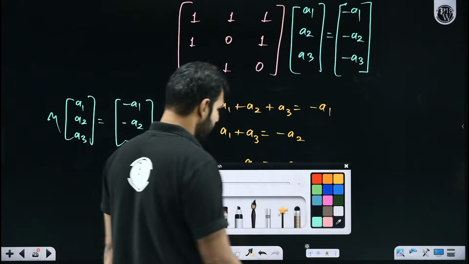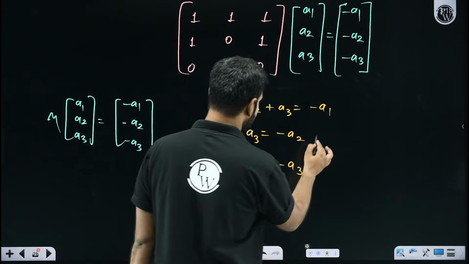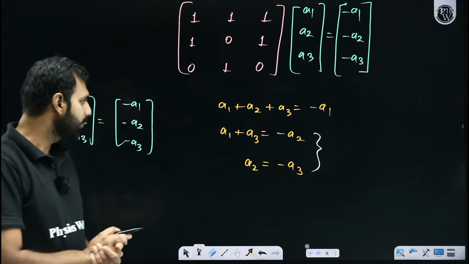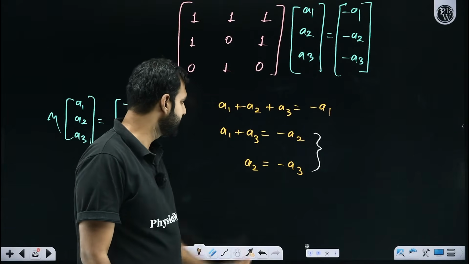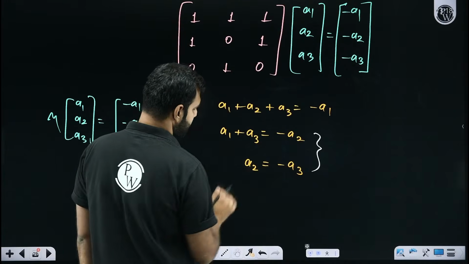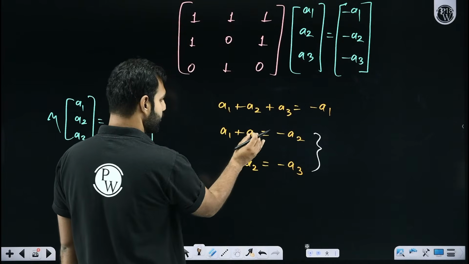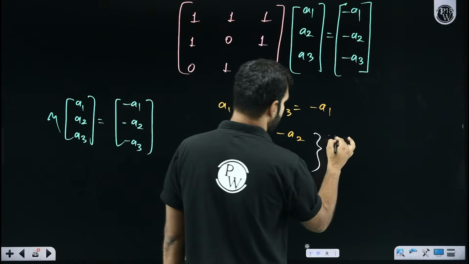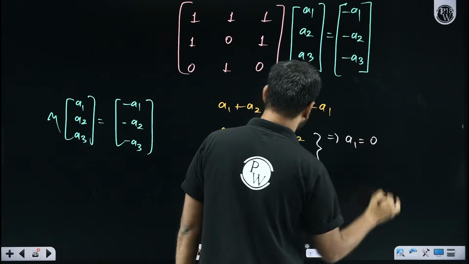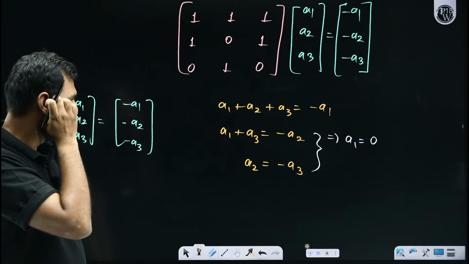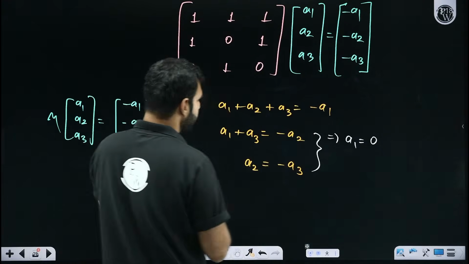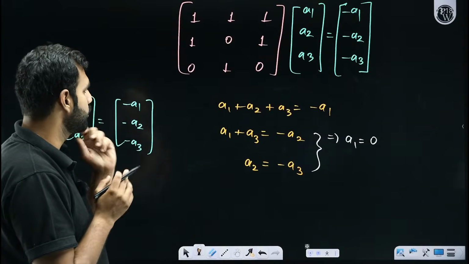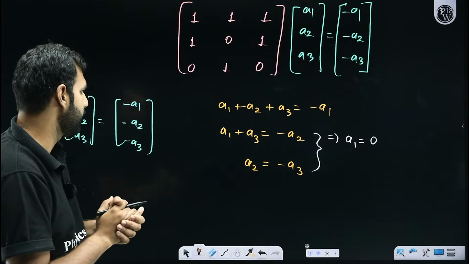Now from here, pay attention to this part. If I club this and this, A2 I'm replacing by minus A3. So this is minus of minus A3, so that's A3. A3 is equal to A3, so A3 and A3 are cancelled. So from here, I get A1 as 0. I hope you're getting it. If A1 is replaced by 0, I'm not getting any other relation any further.